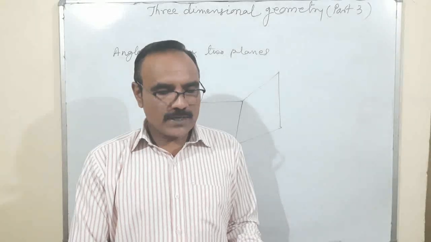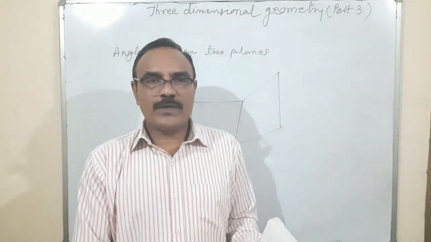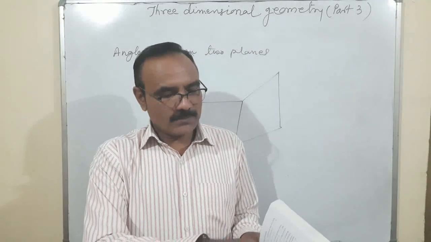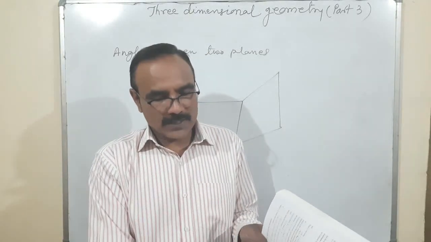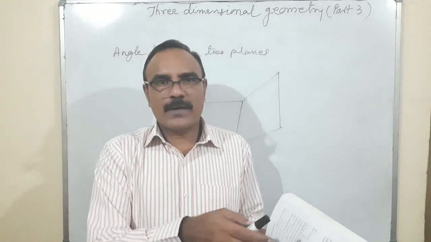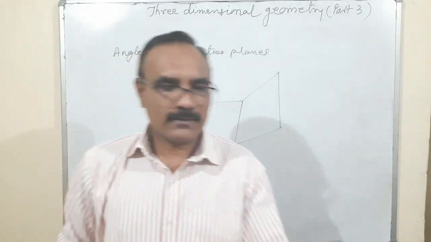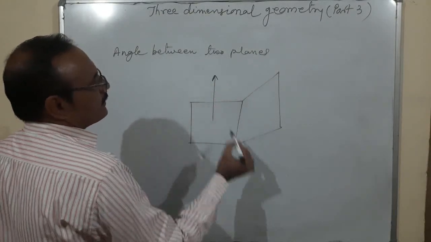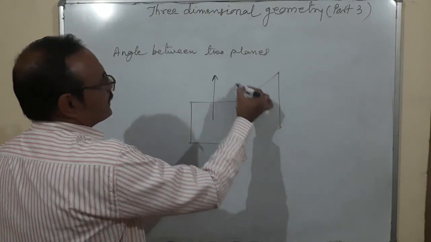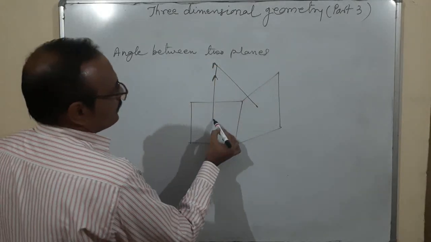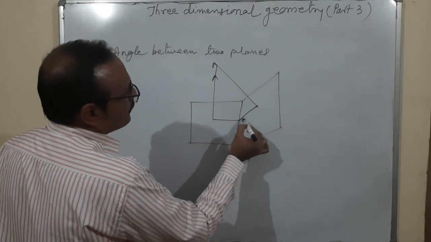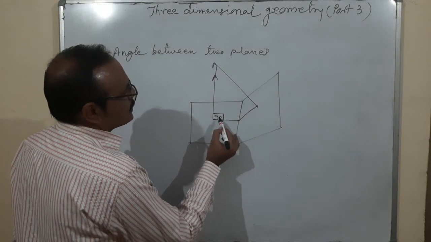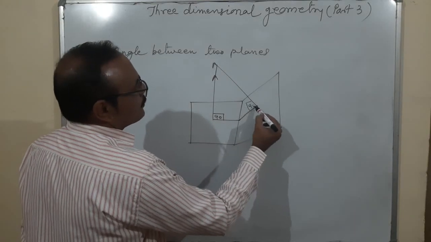But we are unable to find the angle between the planes, but we are able to find the angle between their normals. So the normal of this plane is here, normal of this plane is here. So it will become a quadrilateral, right? This is always 90 degrees because the normal is perpendicular to the plane.